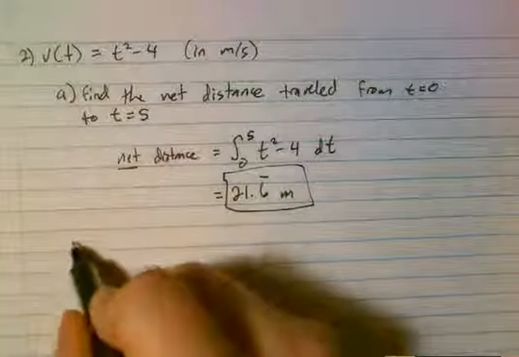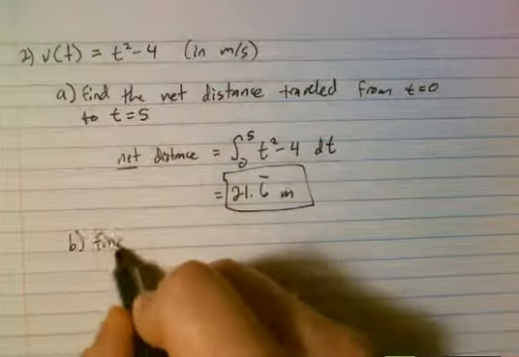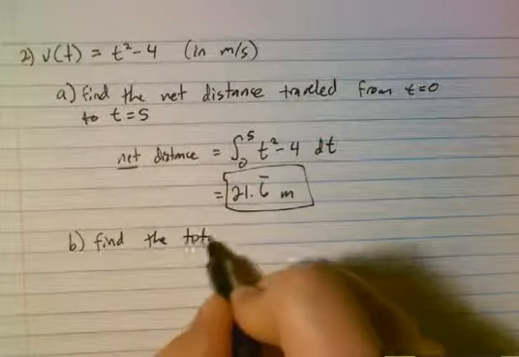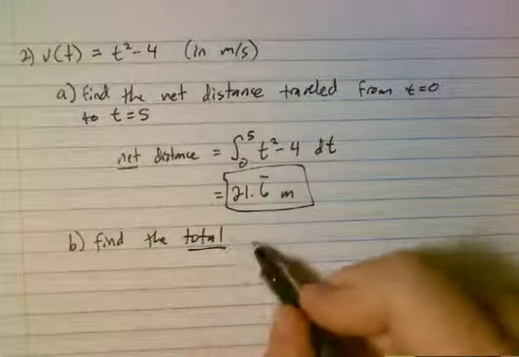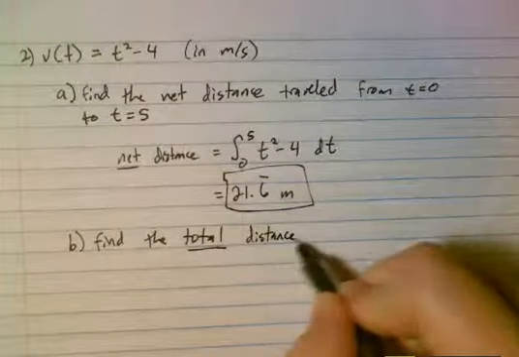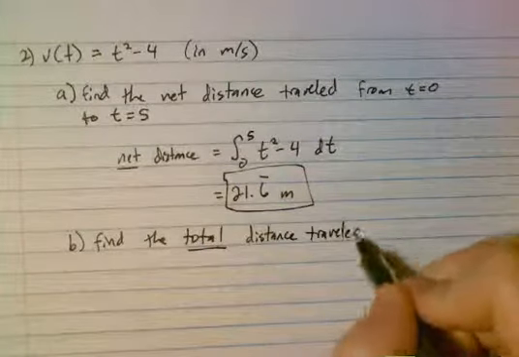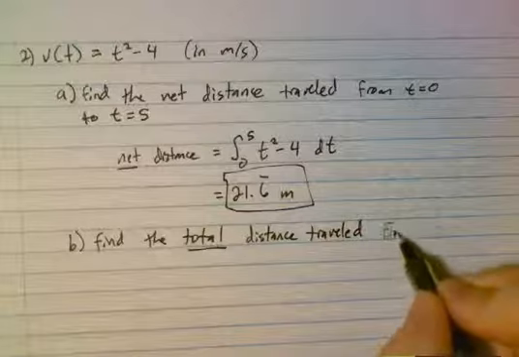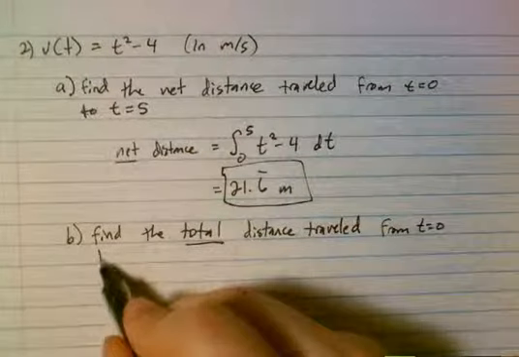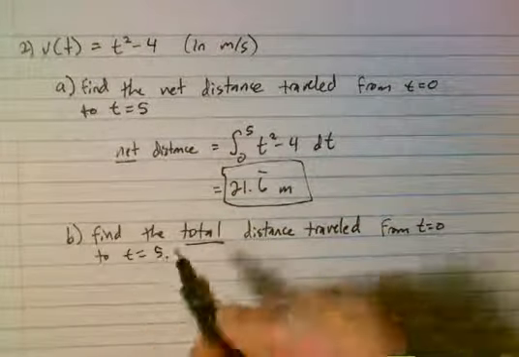Contrast that with this one. Find the total distance traveled from t equals 0 to t equals 5.